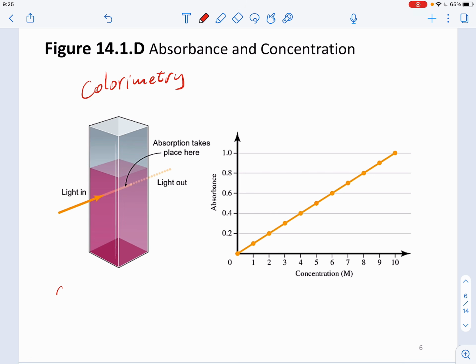And here, color intensity increases if the molarity increases. Okay, and you can determine that: you can prepare different solutions at different concentrations and prepare a calibration curve, which is what you have here.